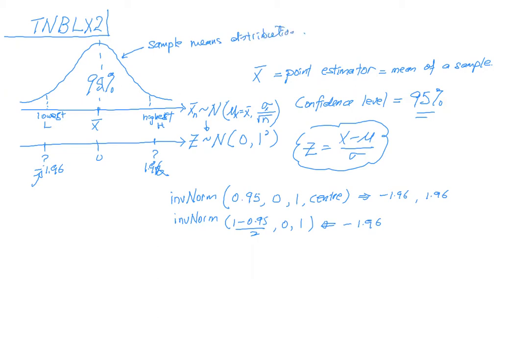Is it the individual value of x? No, this is the sample mean distribution. So now, I told you I let h be the highest possible predicted value. So my h minus the center, divided by the standard deviation, is equal to what?